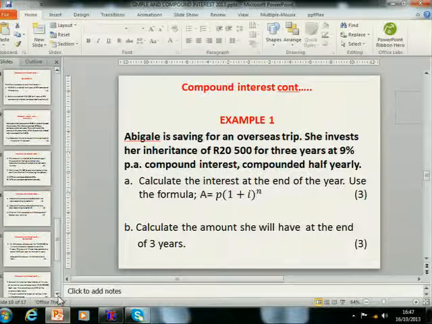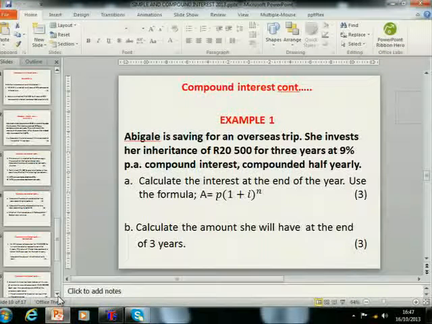So now, the number of years, n will be 3. Compounded half yearly means something must be divided by 2 because it's half yearly, and something must be multiplied by 2.